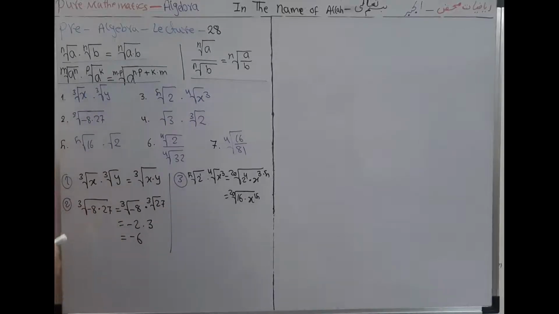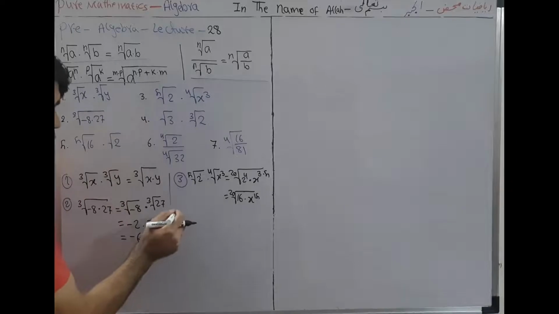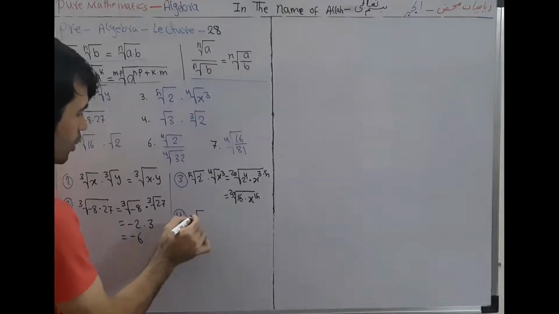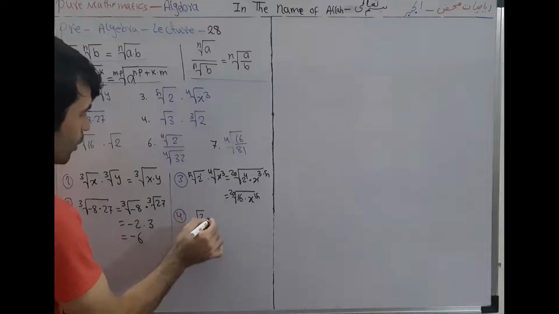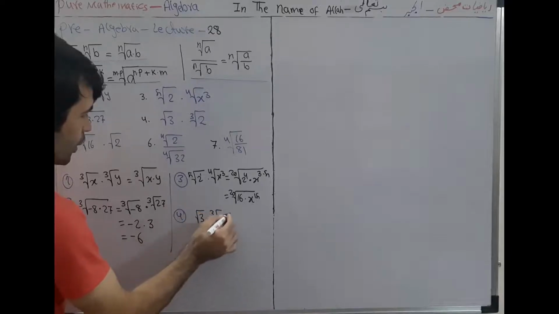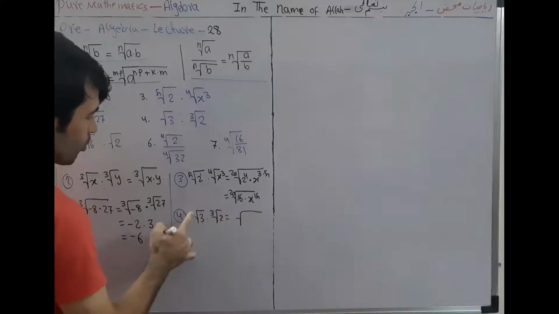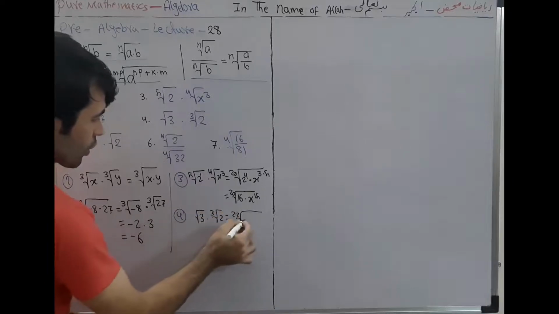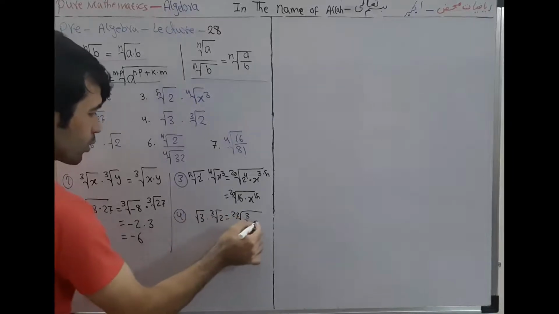Fourth one. The square root of 3 multiplied by the third root of 2. It is equal to, 2 multiplied by 3, 6. 3 to the power 3 into 2 to the power 2.